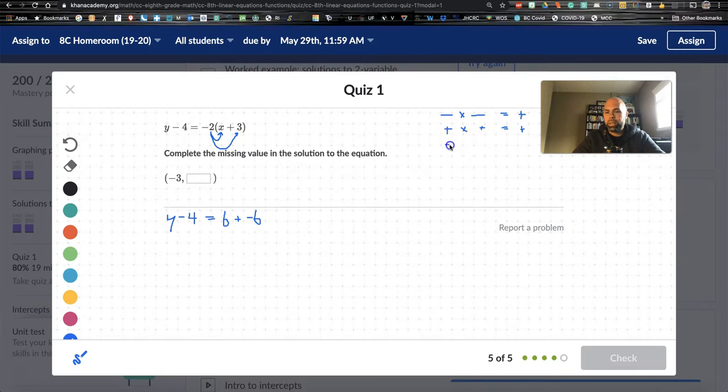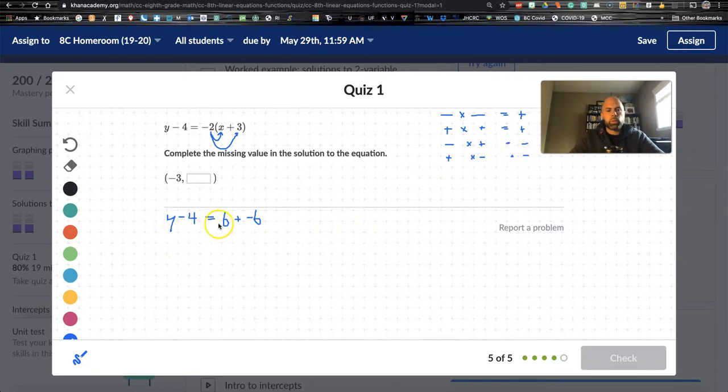But if you have different signs, a negative times a positive, then your solution will be negative, right? And you can flip that. The same is true in reverse. Positive times negative is a negative. Okay, back to our problem.